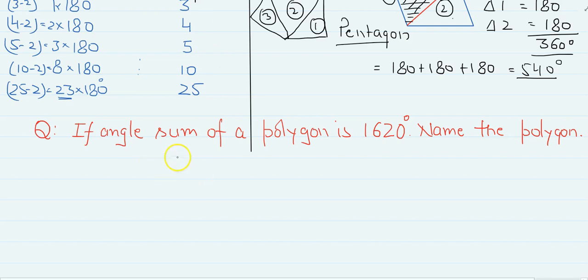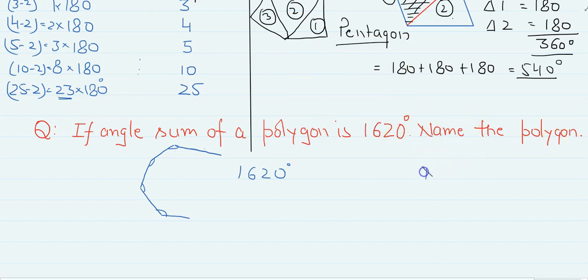So the question says there is a polygon and the sum of all these angles is 1620. What is the name of the polygon?